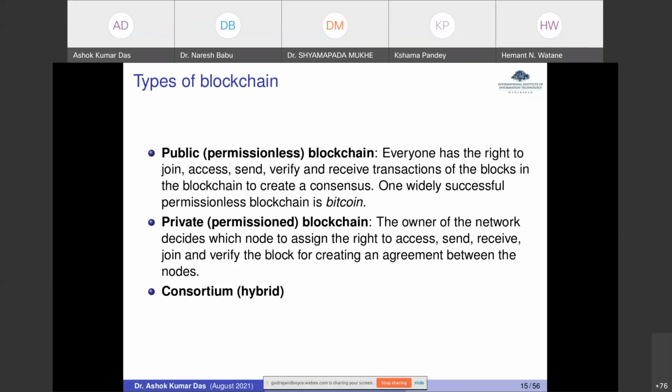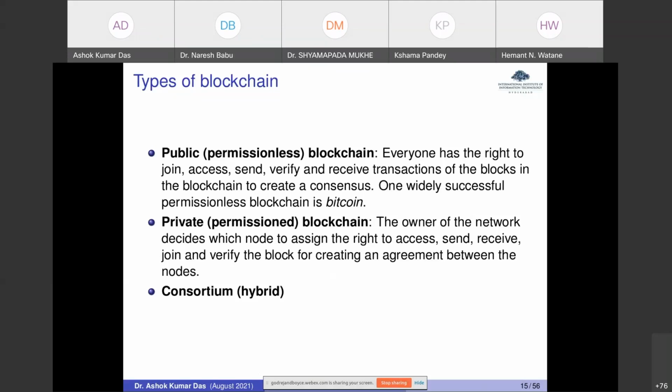Rather than involving the third party, Alice will create a Bitcoin and that Bitcoin will be sent to Bob directly. And to keep the record transparent, that Bitcoin will be put in the blockchain. So that is one example of a permissionless or public blockchain where we can utilize that.